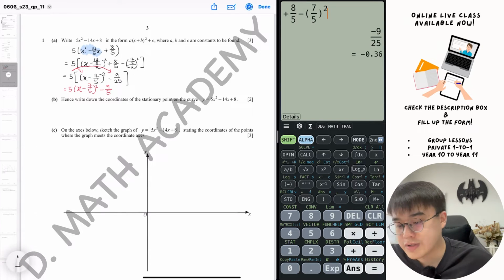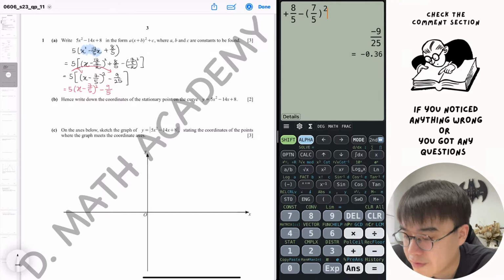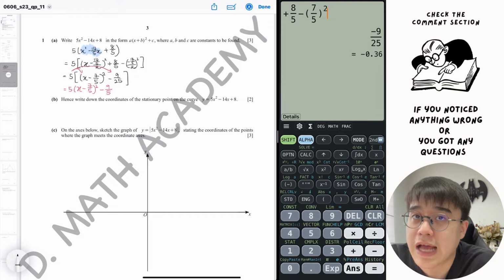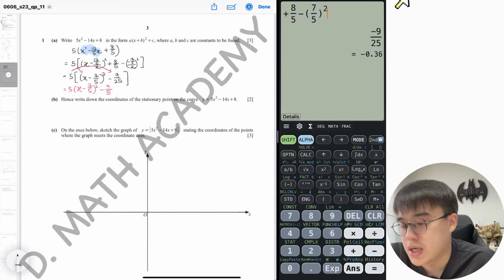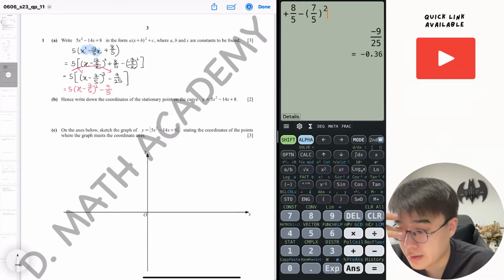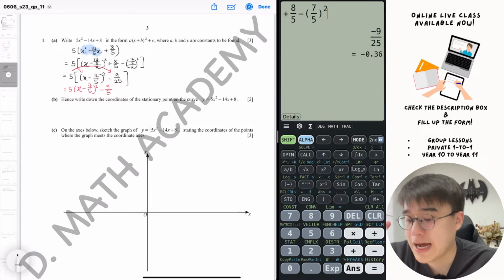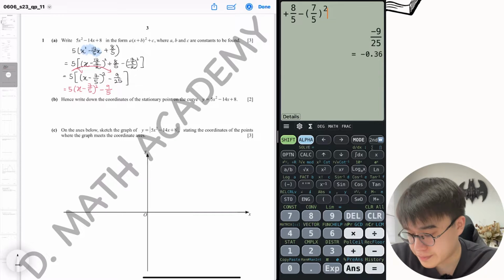So that's it for the first question. Your a will be 5, b will be negative 7 over 5, and c will be negative 9 over 5. Please take note that you don't have to state them out specifically, because they just ask you to arrange in the form, but they didn't ask you for the specific values.